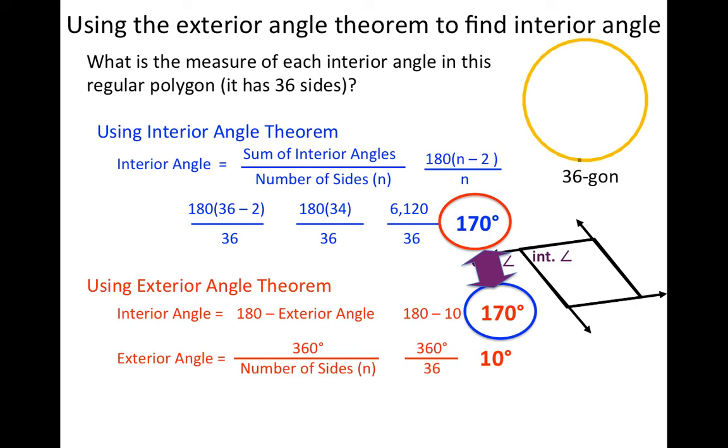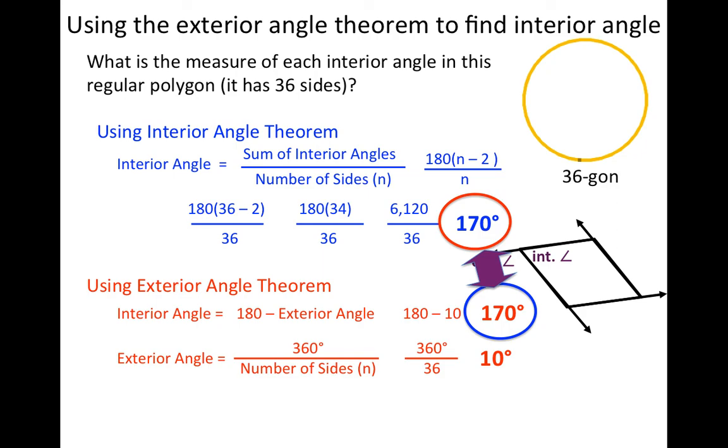So the question is, why do I care? Why would I want to use the exterior angle theorem? Well, if you just look at the math, using the exterior angle theorem, you could do it all in your head. 360 over 36 is 10, 180 minus 10 is 170. That was easy. Using the interior angle theorem, again, the math wasn't particularly difficult, but it did take a little bit of time and effort.